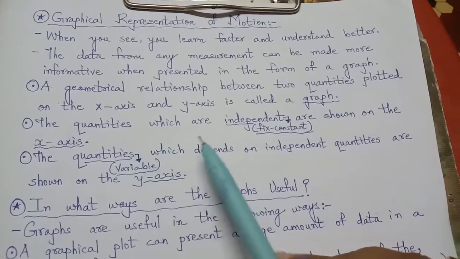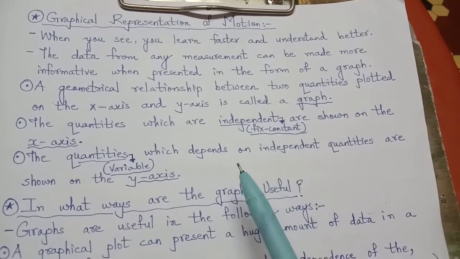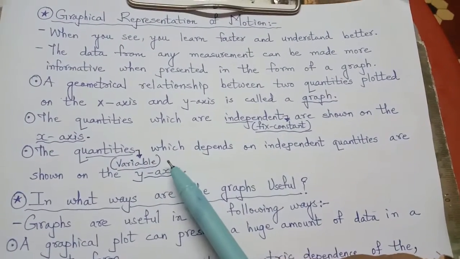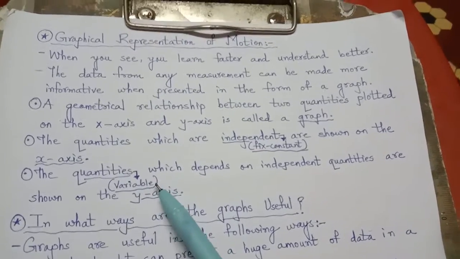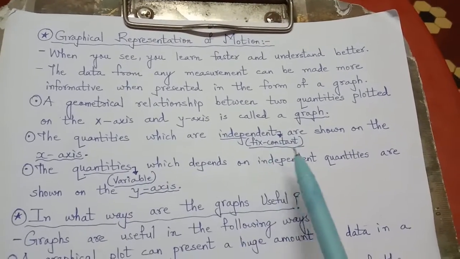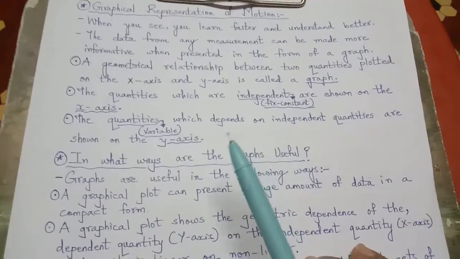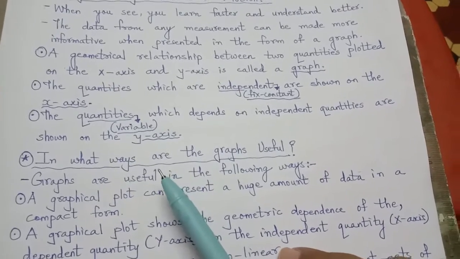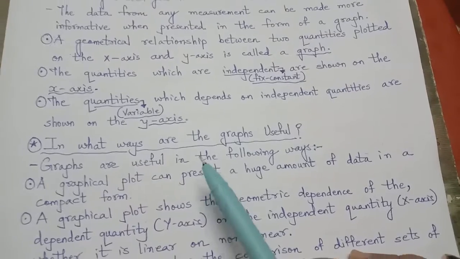The quantities which are independent, a fixed value or a constant, are shown on the x-axis, and the quantities which are variable, which keep changing and depend on the independent quantities, are shown on the y-axis.